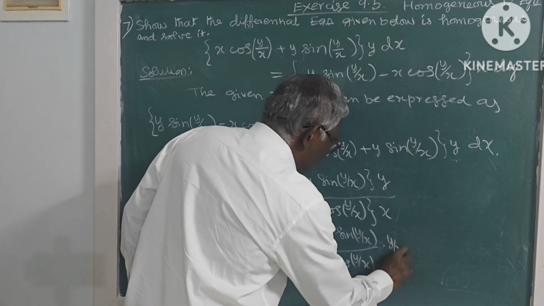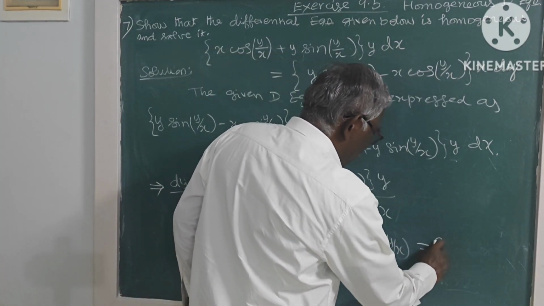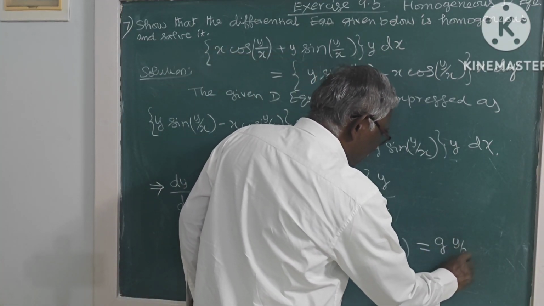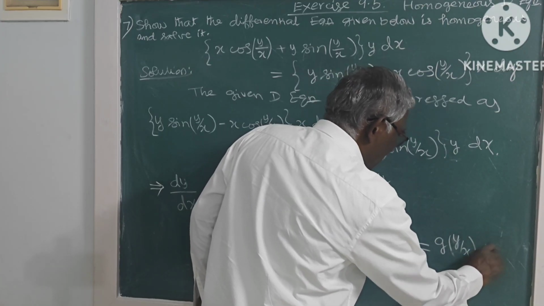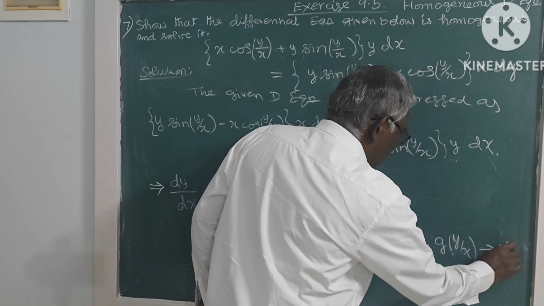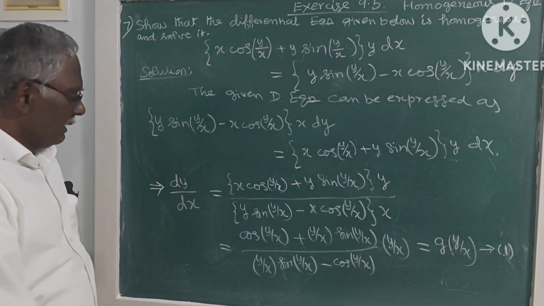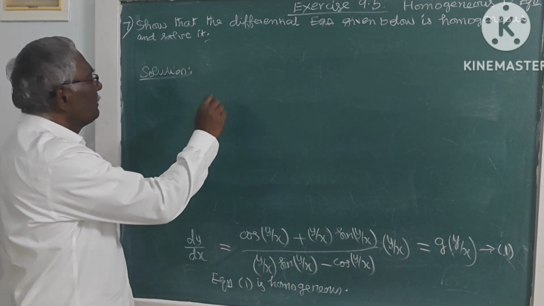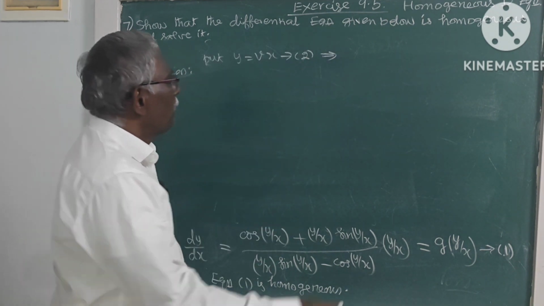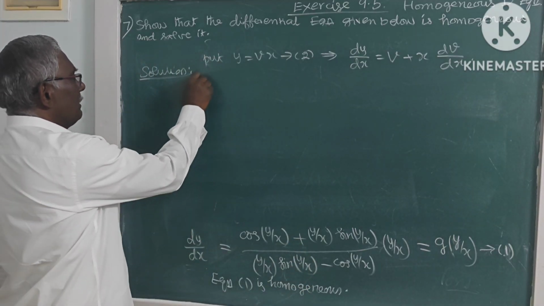Now this is in the form of g of y by x, therefore equation 1 is homogeneous. So now put y is equal to vx.